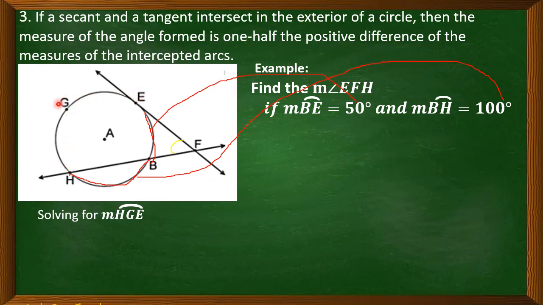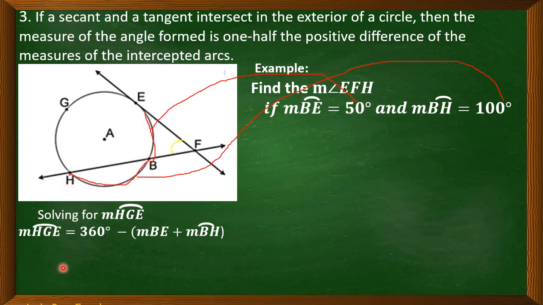Okay, using the concept that we have learned in our previous video, that a circle is 360 degrees, we can easily find the measurement of arc HGE by subtracting 360 by the sum of the measure of arc BE and the measure of arc BH.